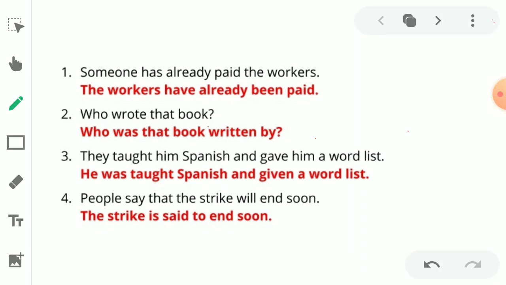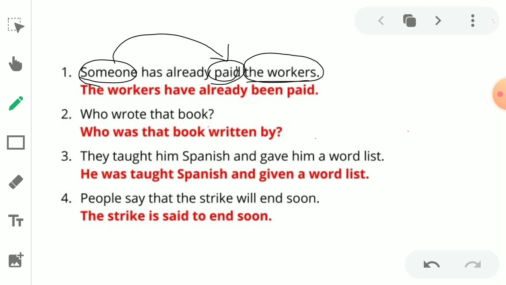Someone has already paid the workers. Here, someone is the doer of action, the workers are the receiver of action. Someone is doing something, right? What is that? Has paid.